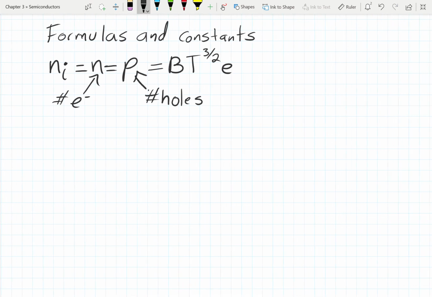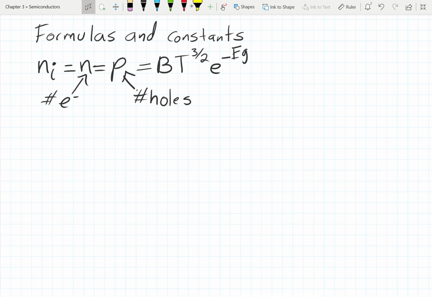Then you have this E minus the Eg. This is why I mentioned band gap. This is the band gap, which again is the minimum amount of energy required to break a covalent bond. And then you have 2kT. We know that k is the Boltzmann constant.